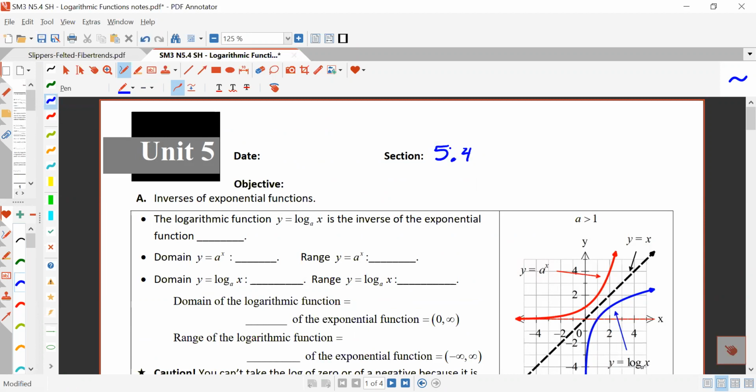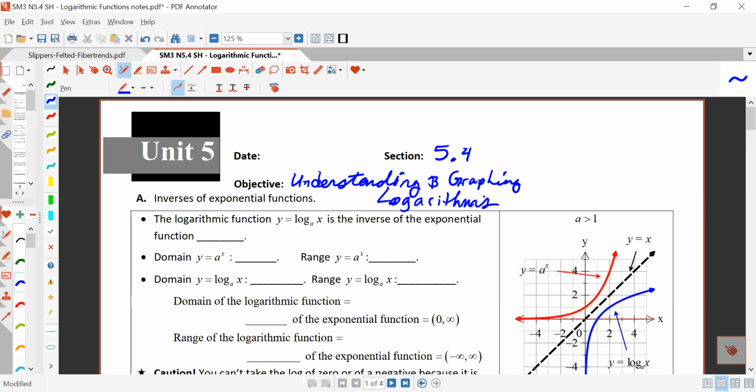5.4, our objective today is basically we want to get a preliminary understanding. So understanding and graphing logarithms is our goal for today.